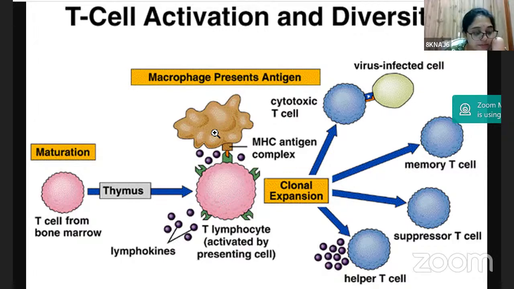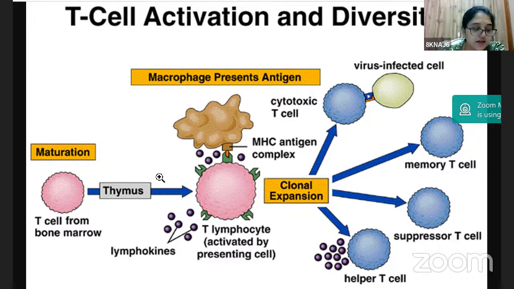The T cell receptor on both the CD4 helper cells and the CD8 cytotoxic T cells binds to the antigens through the MHC complex on the surface of the APC. So this is an APC, this is the MHC complex, and this is the T lymphocyte, all found together as a bound complex.